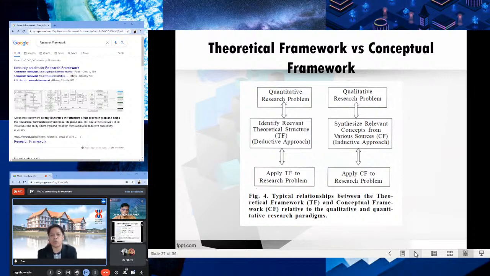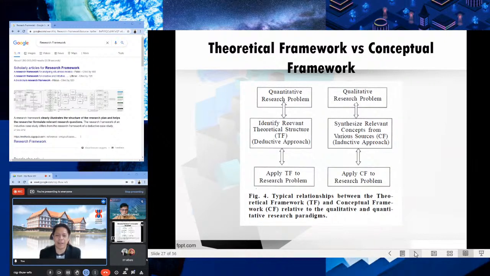When we look into qualitative, normally we synthesize the relevant concepts from various conceptual frameworks. As I said, qualitative is more of an inductive approach. After we find all these and synthesize the relevant concepts, then we apply them to the problem.